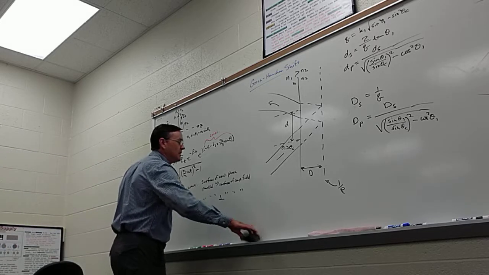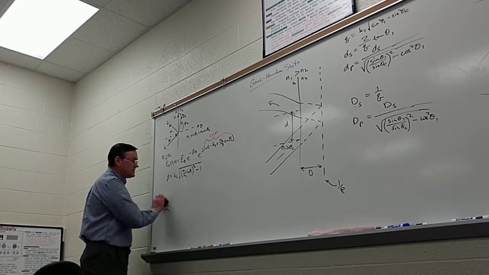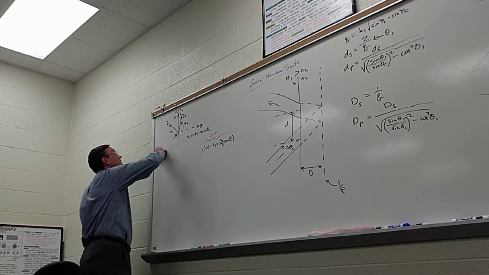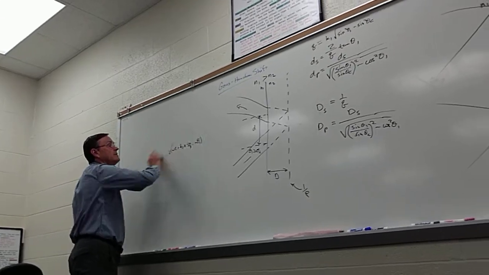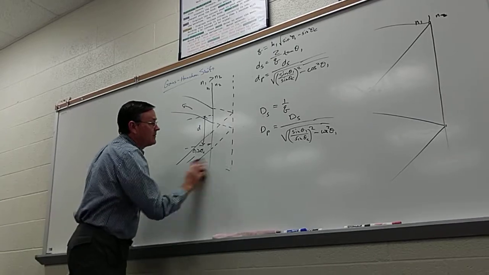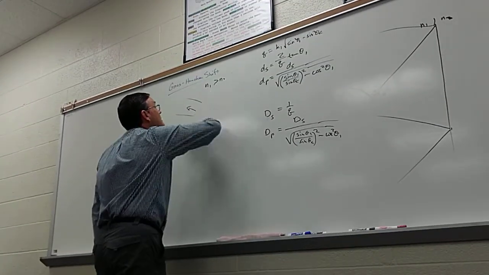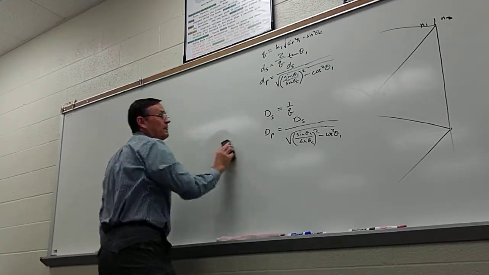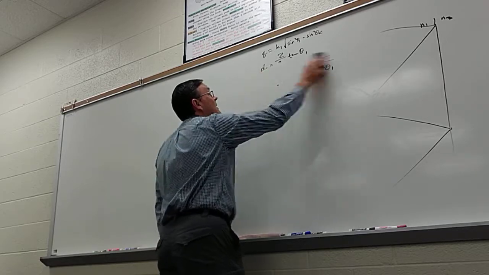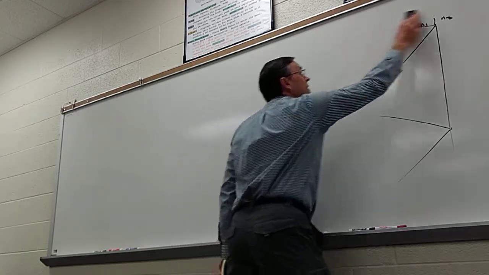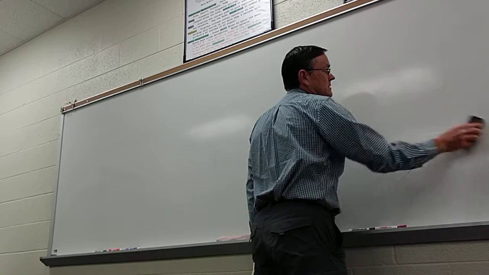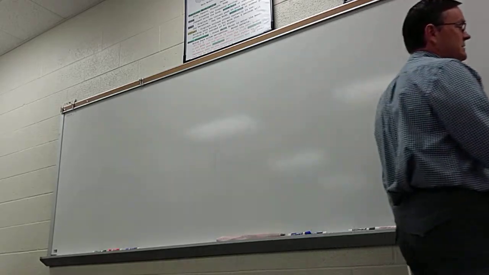Okay, so now we're done with reflection and refraction, at least for the moment. And we need to move on to our next topic, which is interference. We're going to break it up into two sort of categories of interference.